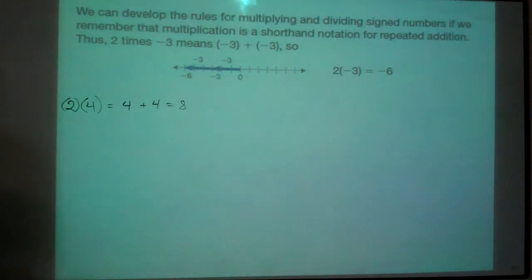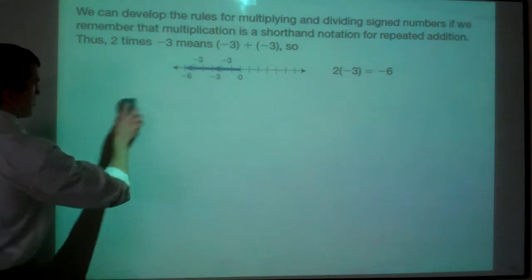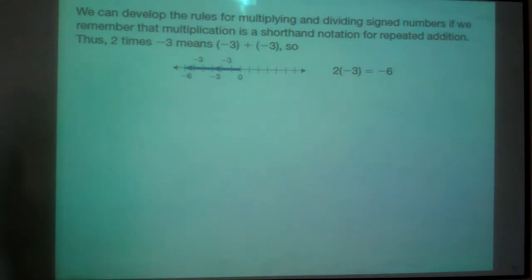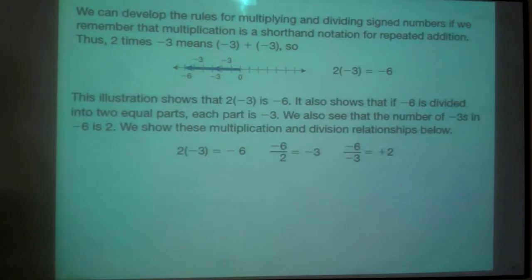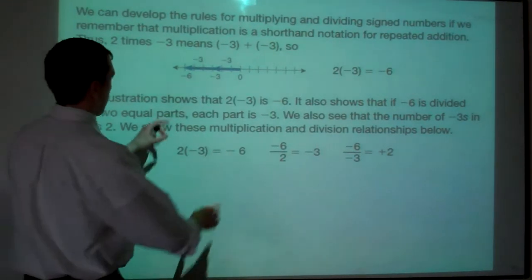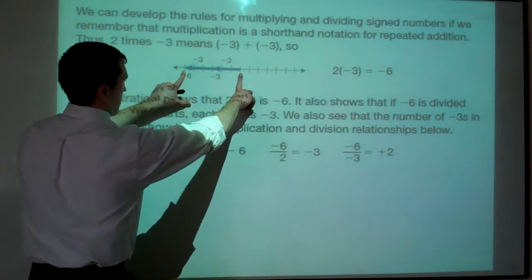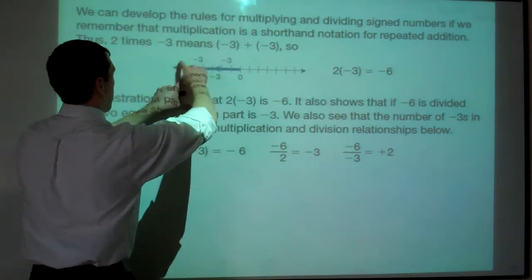Alright, and then using this fact, 2 times -3 gives us -6, we can come up with some other observations. Since this shows us that 2 times -3 is -6, it also shows us that if -6 is divided into 2 equal parts, each part is -3. So if we take -6 and split it up into 2 parts, it's -3 and -3.